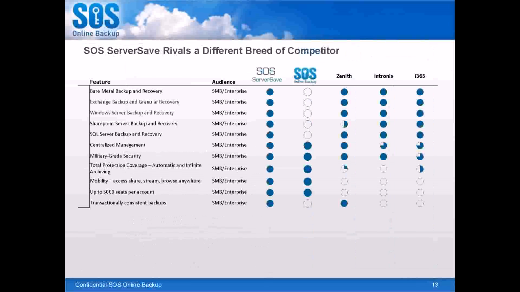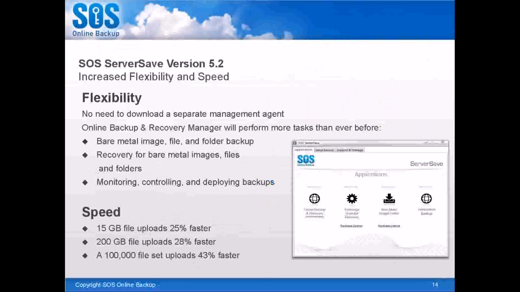So really exciting stuff this week, and really this whole month, is the release of ServerSave version 5.2. 5.2 is a huge release for us. It's not just a move from 5.0 to 5.2. It really deserves its own applause, its own web page, and we're going to be sending out a big update to all of our existing partners later on.